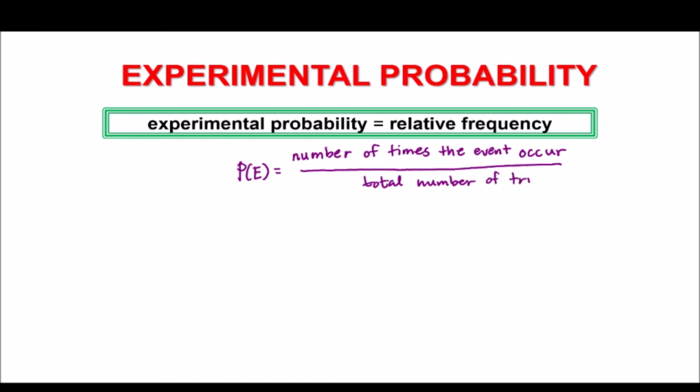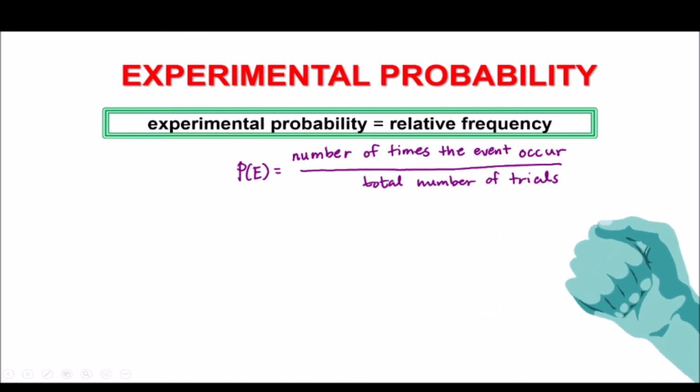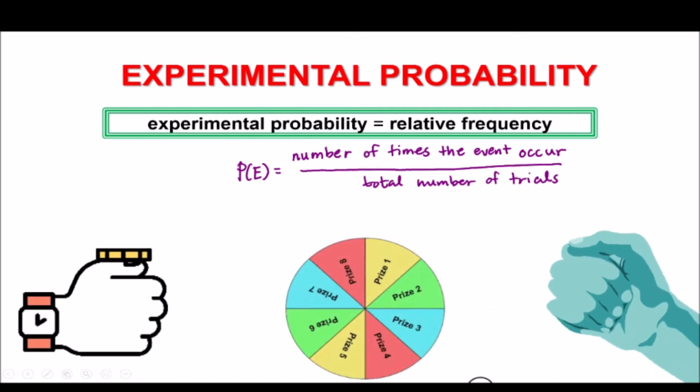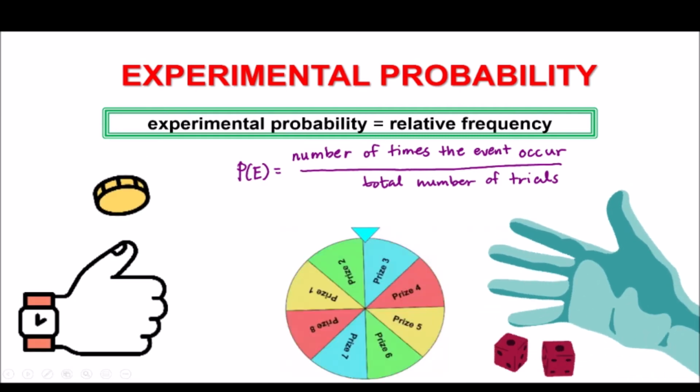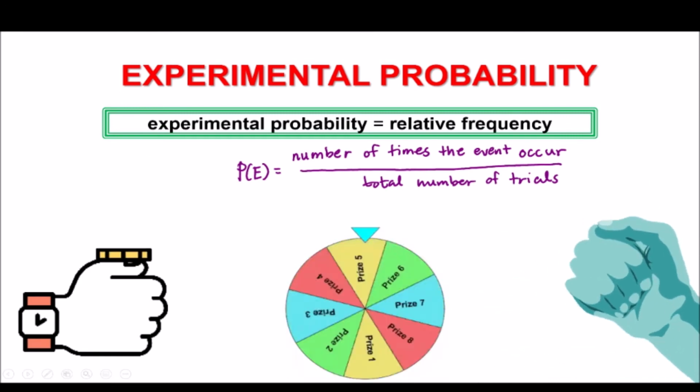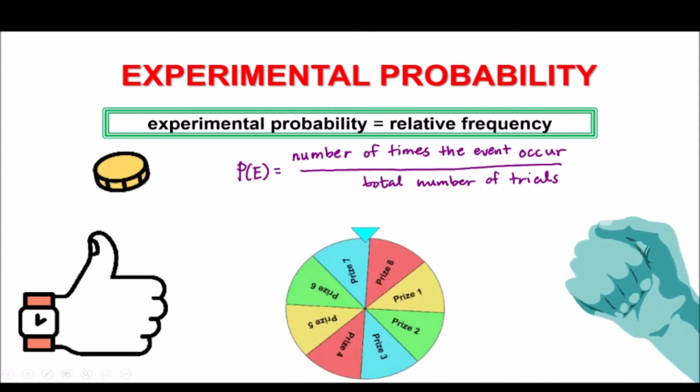Calculating the relative frequency of an event is also equivalent to calculating its experimental probability. Basic applications of experimental probabilities are events involving rolling a die, tossing a coin, or even a spinner. Let me show you an example of how we calculate experimental probability using the relative frequency.